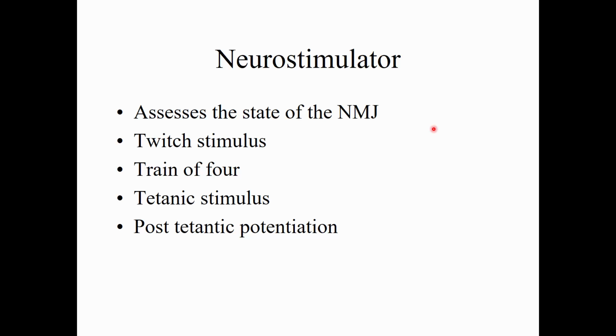All right, so the nurse anesthetists use a device in the operating room called a neurostimulator. And essentially what they're doing is assessing the state of the neuromuscular junction. The neuromuscular junction might need to be blocked during a surgery so we can keep the patient still.